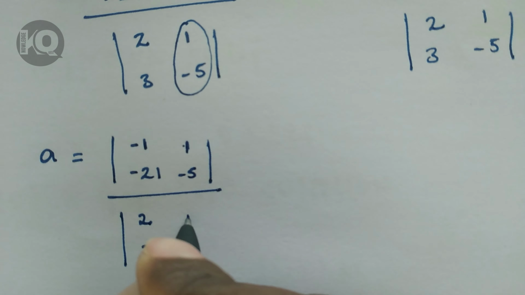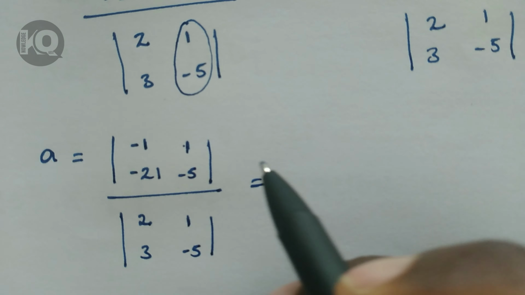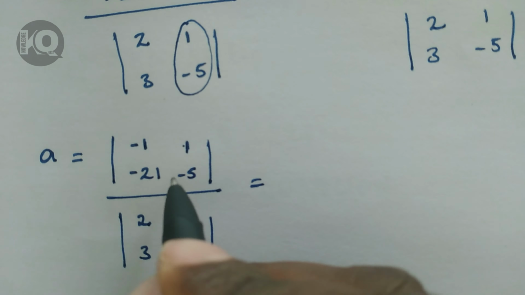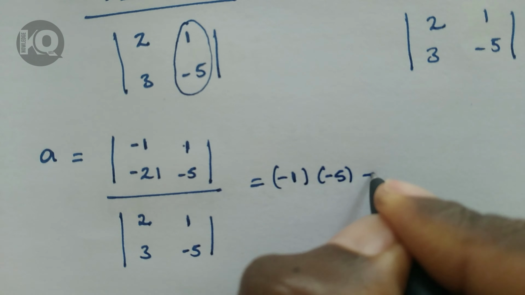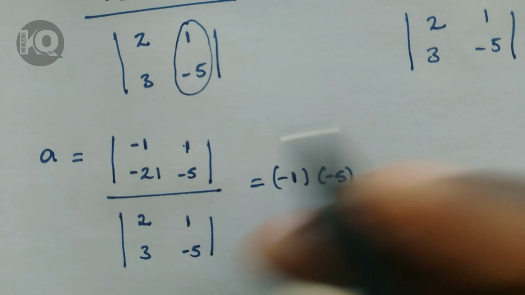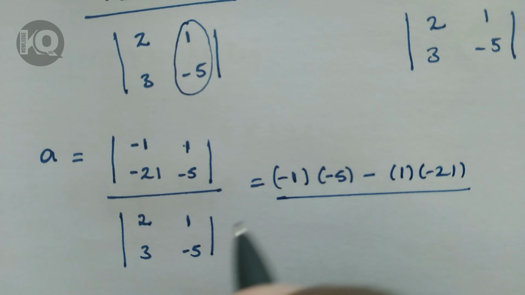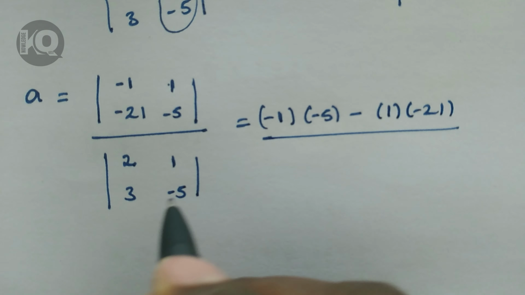Determinants can be computed by cross multiplication. So the numerator is minus 1 times minus 5, minus 1 times minus 21, divided by the determinant of the coefficient matrix, which is 2 times minus 5, minus 1 times 3.